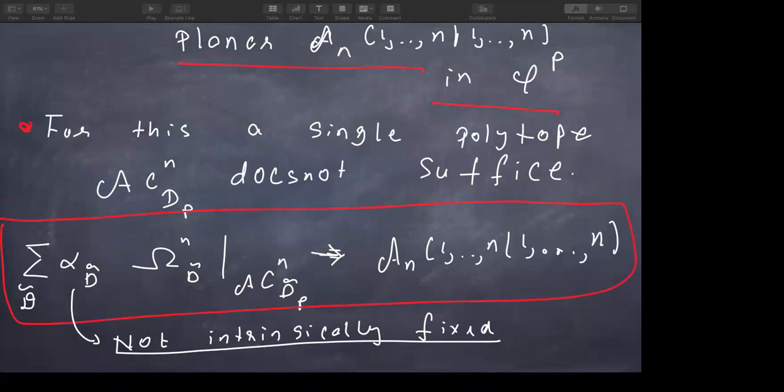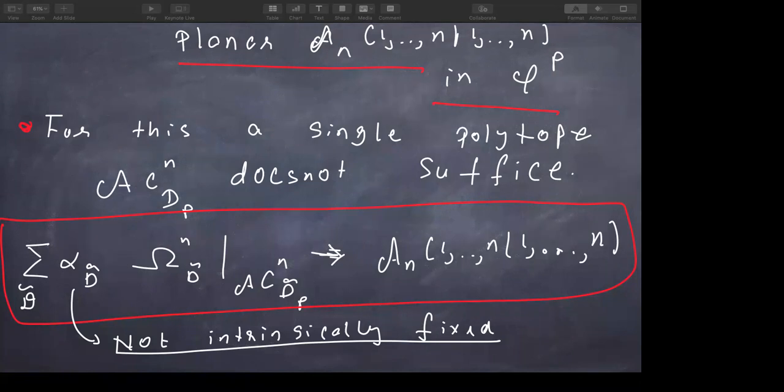Okay, so now this is exactly the question that Rajesh was asking. How do we obtain the amplitude which we are calling planar, where sigma is identity in these phi to the P theories? And for this, it turns out that the single Accordiohedra does not suffice. But what one can prove is that there is a specific linear combination of these forms, where the linear coefficients are some weights that you have to put, and there are always some alphas such that you get the planar amplitude in phi to the p theory.